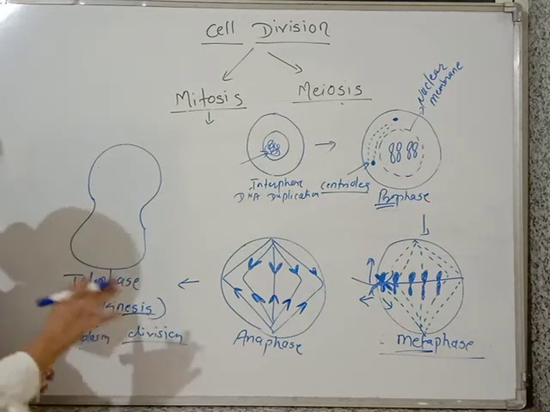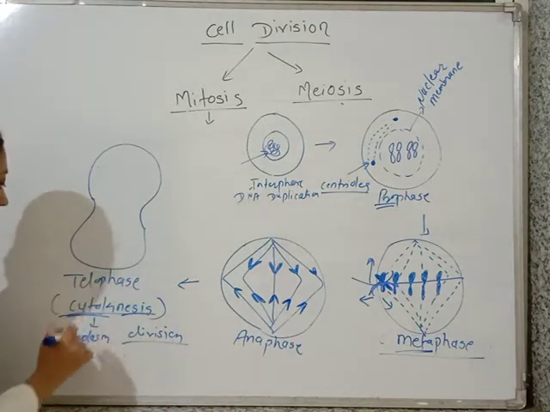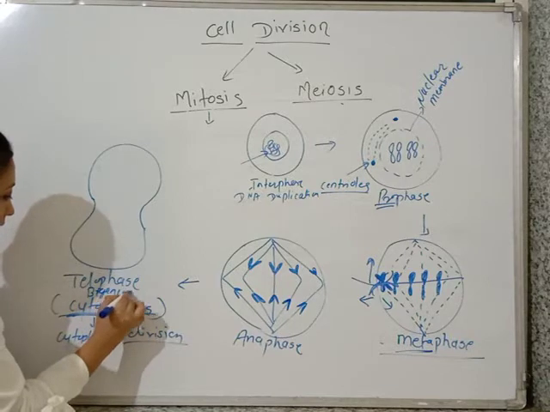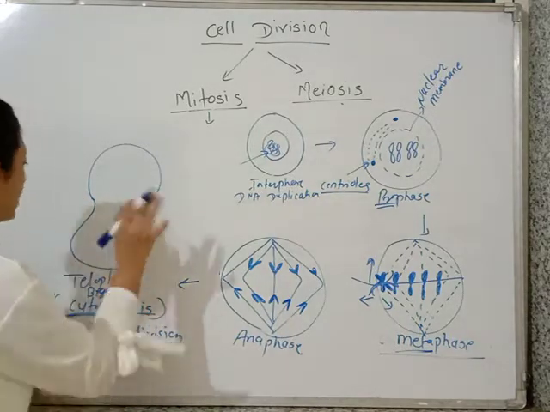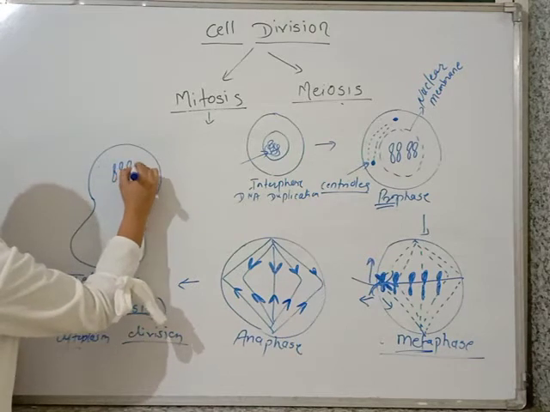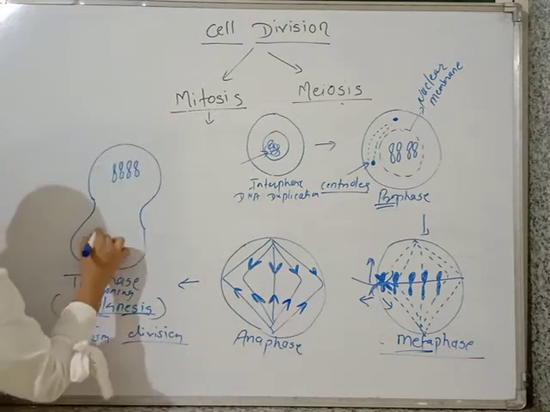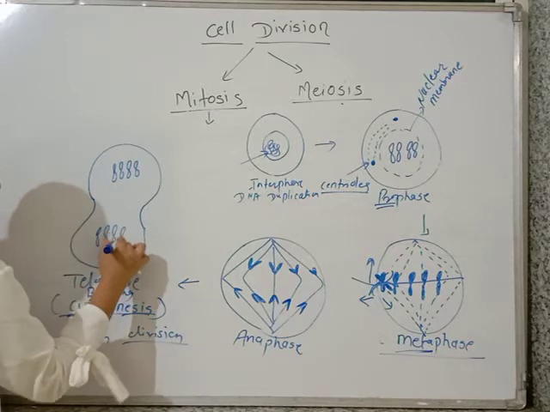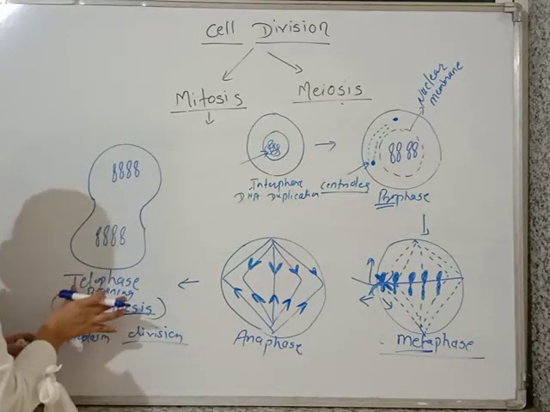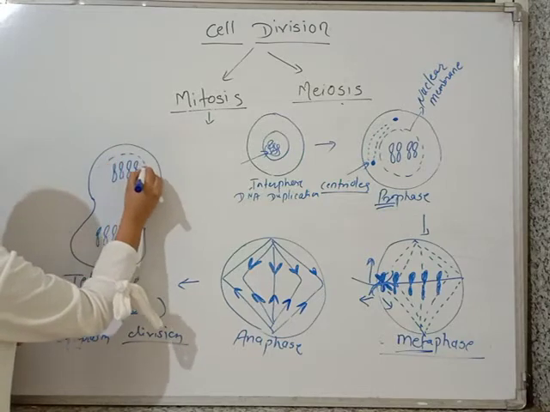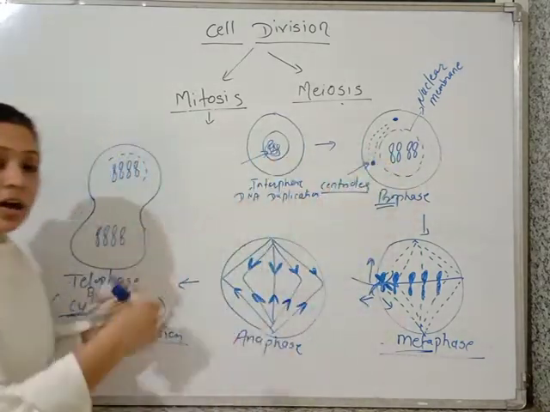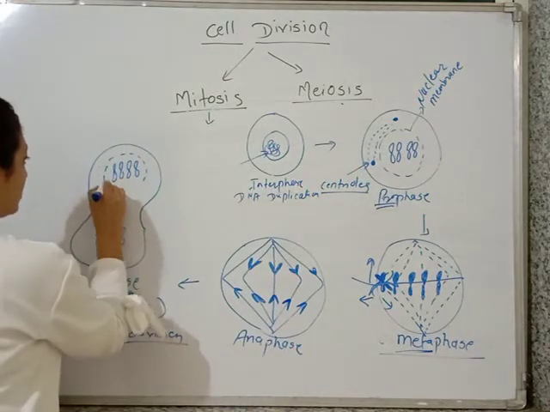This is the beginning of cytokinesis, where half of the chromosomes are towards one pole and half are towards the down pole, and in this phase the nuclear membrane starts reappearing like this.